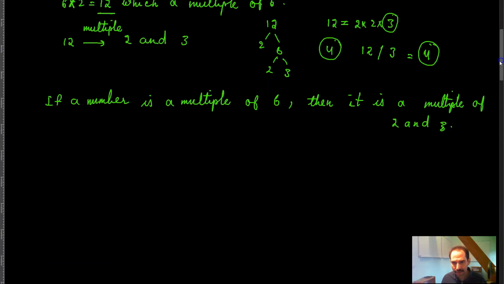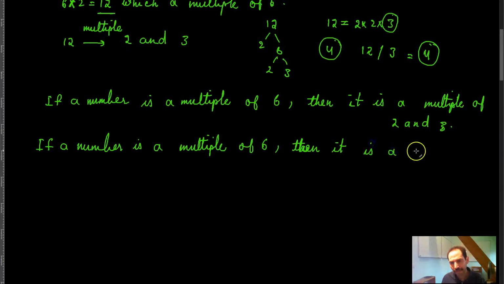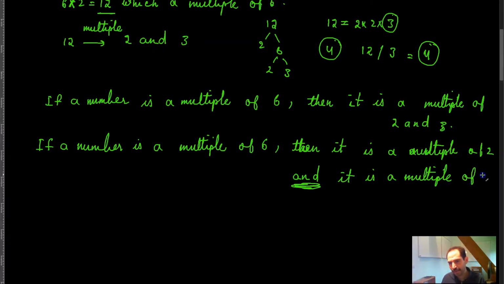The same statement I can write as: if a number is a multiple of 6, then it is a multiple of 2 and it is a multiple of 3.